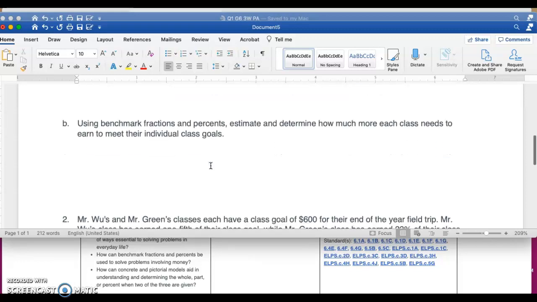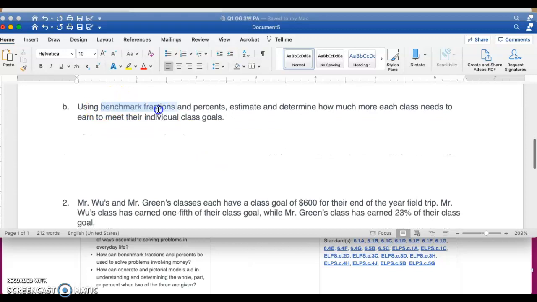So the next question asks about benchmark fractions and percents. Well, they would need to know what benchmark fractions and percents are and maybe how to use them to estimate percents and fractions. So if you were given maybe the fraction 1/8, what would be the closest benchmark fraction to that?